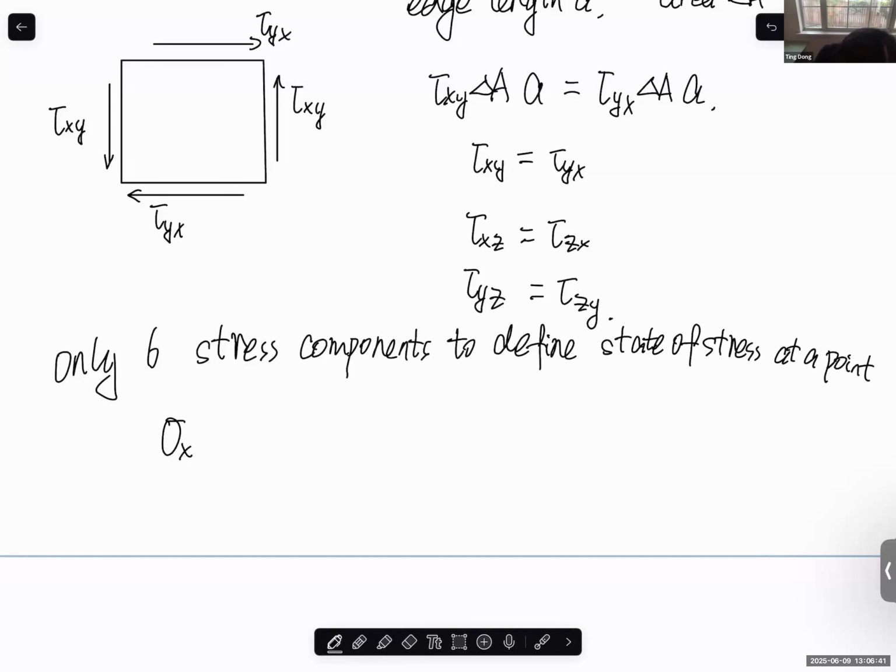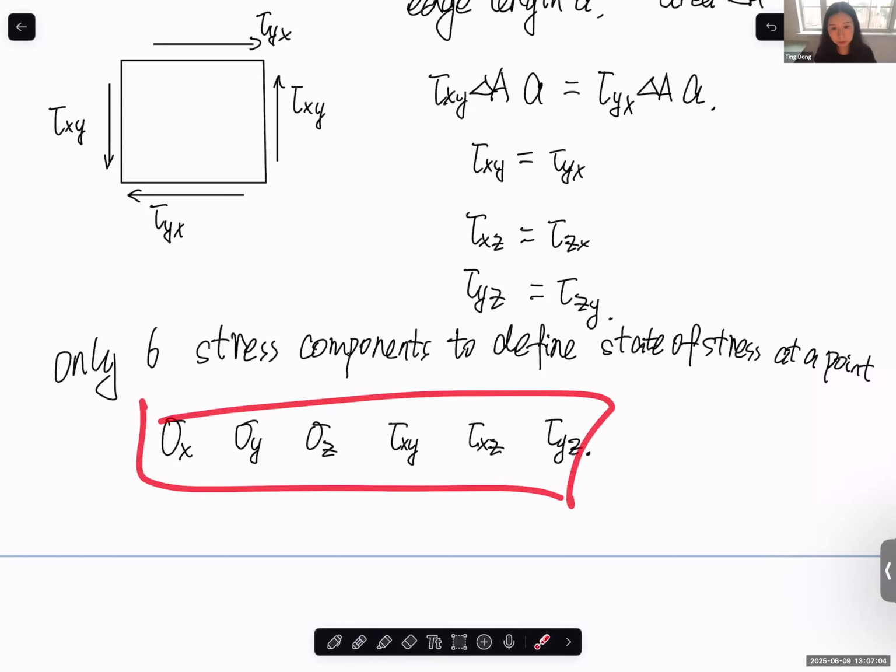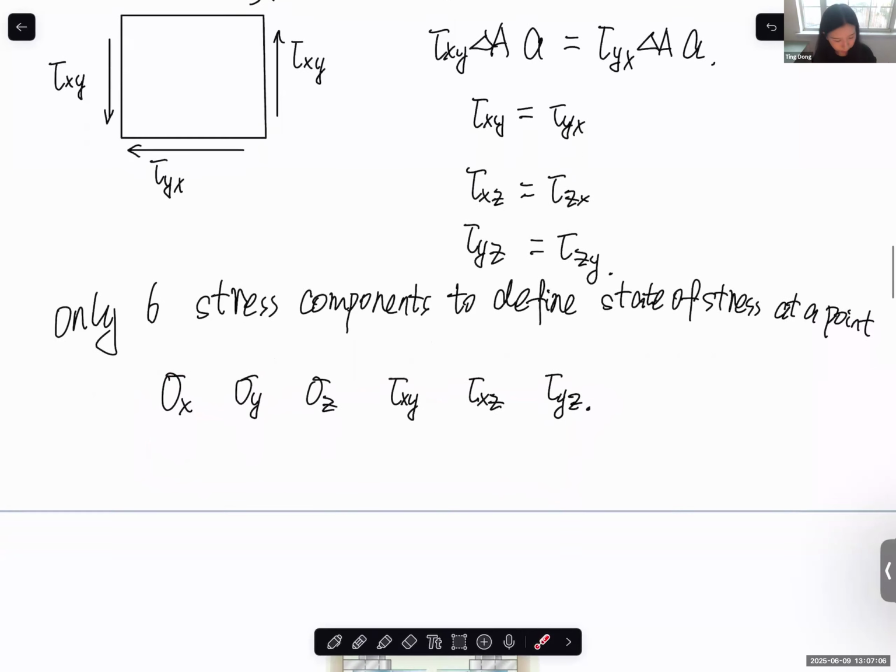So sigma x, sigma y, sigma z, and tau xy, tau xz, tau yz. These are the 6 independent stress components. They can completely define the state of stress at a point.